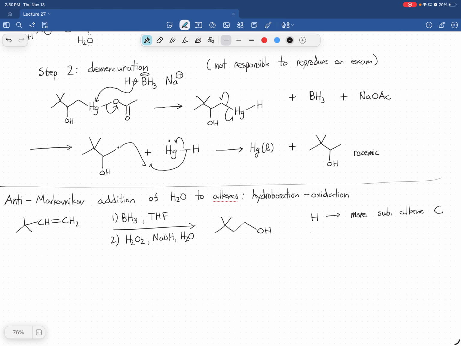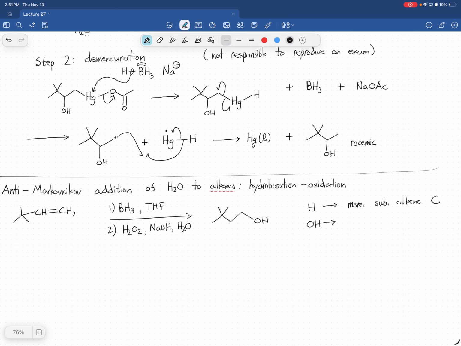And where does the OH go? To which side? The less substituted. So we flip the selectivity. So that's one way you could do it. Okay? Less substituted.